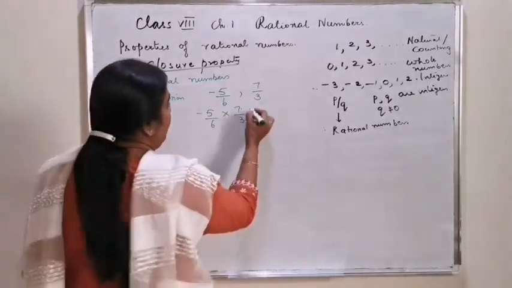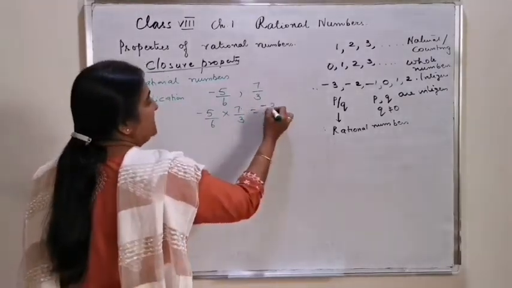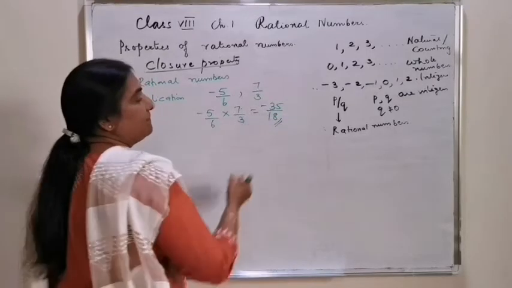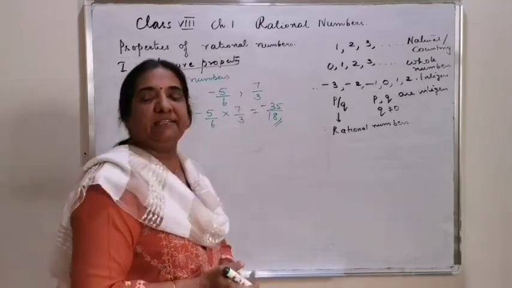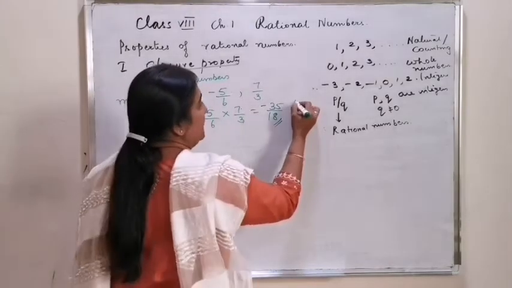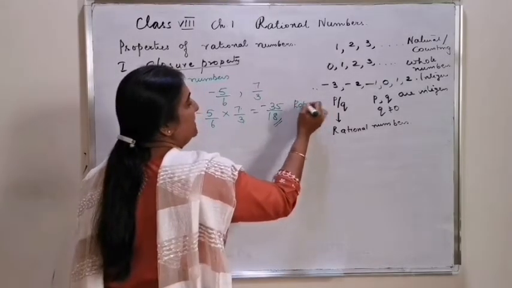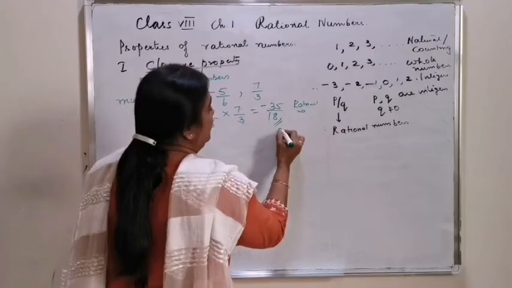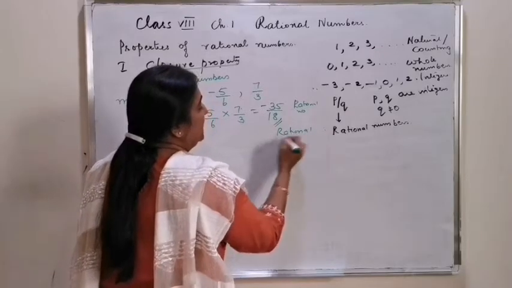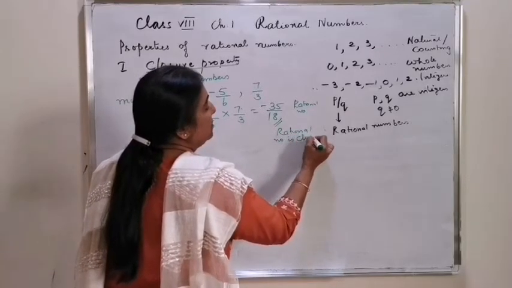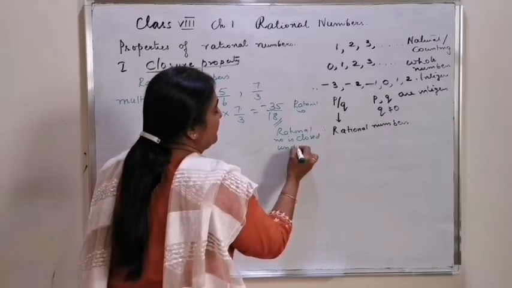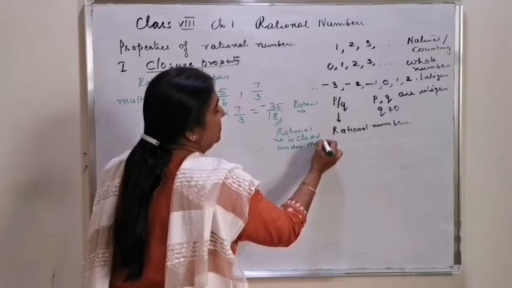So the product is minus 35 by 18. Is minus 35 by 18 a rational number? Yes, it is a rational number, which shows that rational numbers are closed under multiplication also.